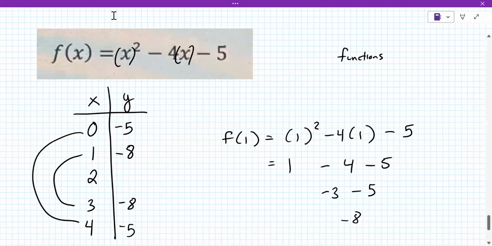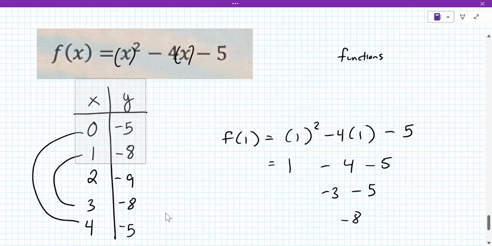All right, so go ahead and try that for us, please. Negative 9. Good, really good.